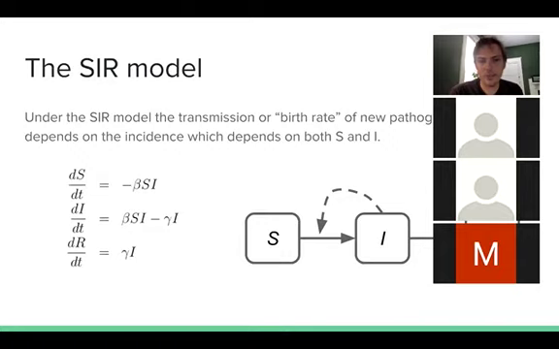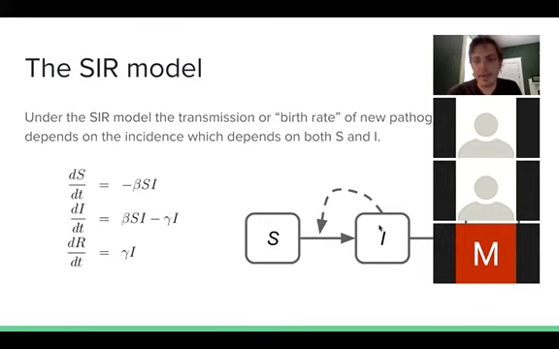This depends in turn on the number of both susceptible and infected individuals in the population, because an infected individual would have to come into contact with a susceptible host in order for a transmission event to occur.